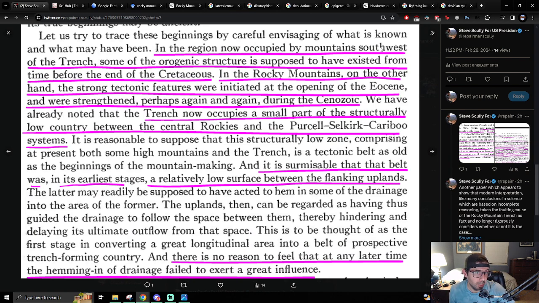In the region now occupied by mountains southwest of the trench, some of the orogenic structure is supposed to have existed from time before the end of the Cretaceous. In the Rocky Mountains, on the other hand, the strong tectonic features were initiated at the opening of the Eocene, although definitely the Rocky Mountains date to the end of the Cretaceous as well in part, so I'm not sure. Again, this is 1964, so these details might not be quite up to date.